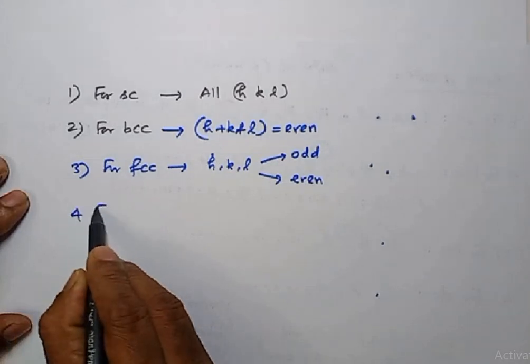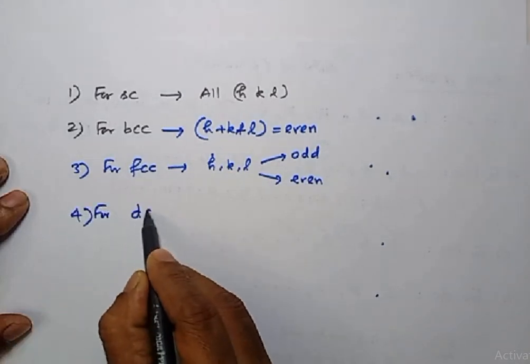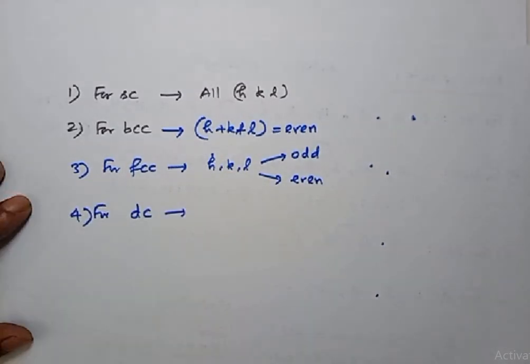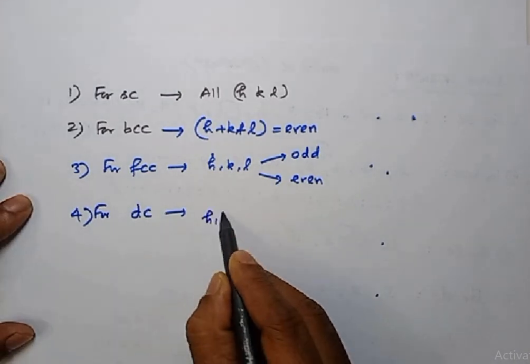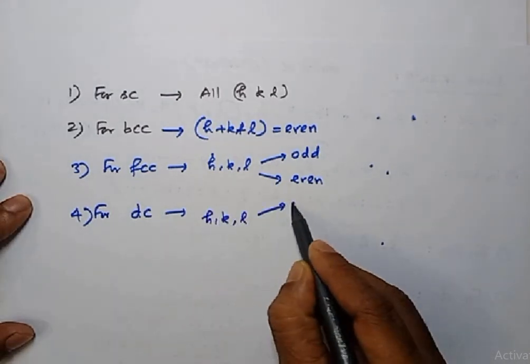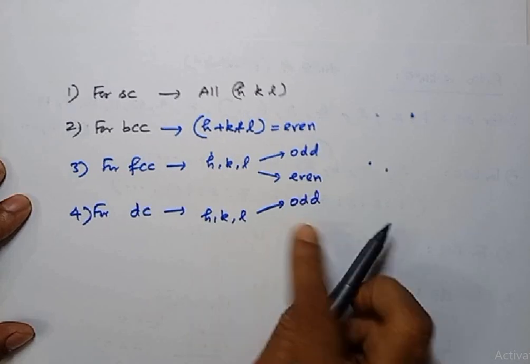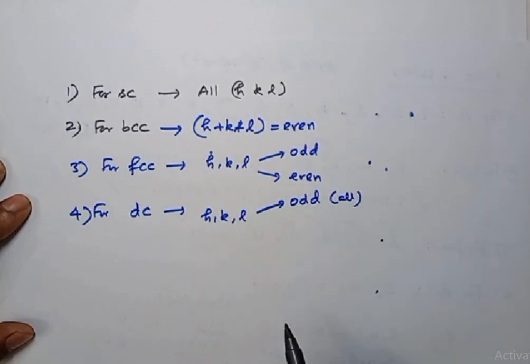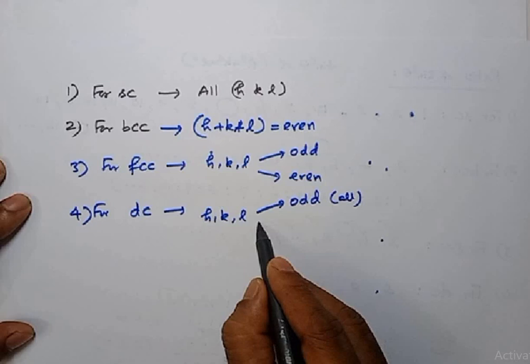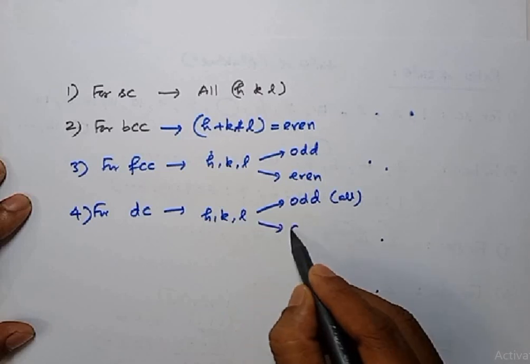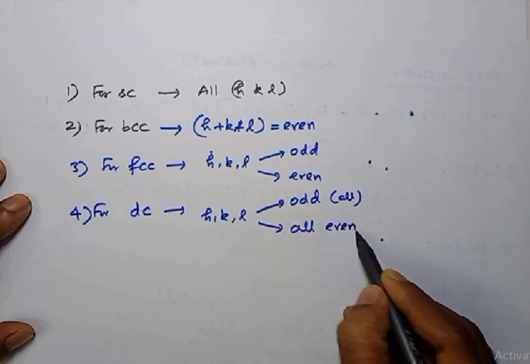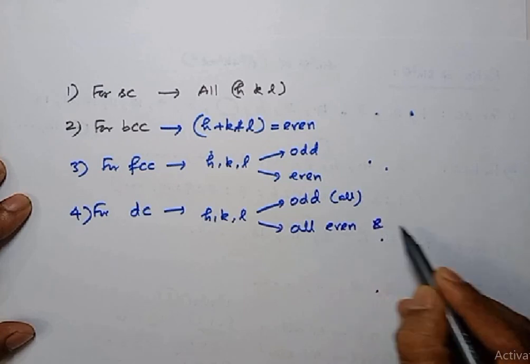Number 4, for diamond cubic crystals, these HKL values should be either all odd or all even.